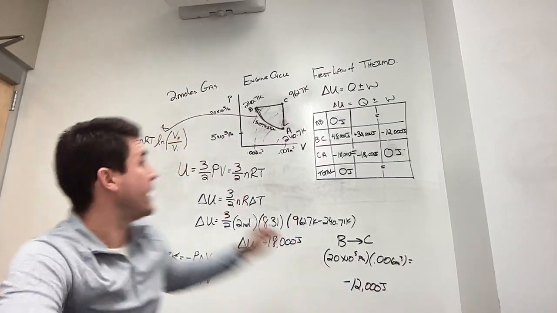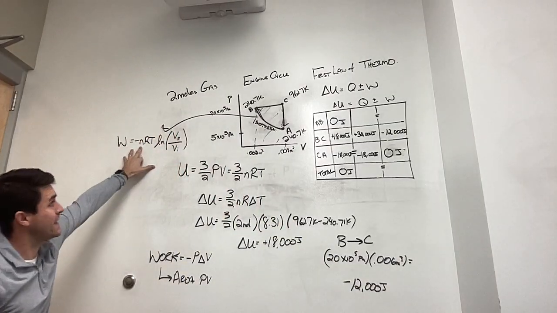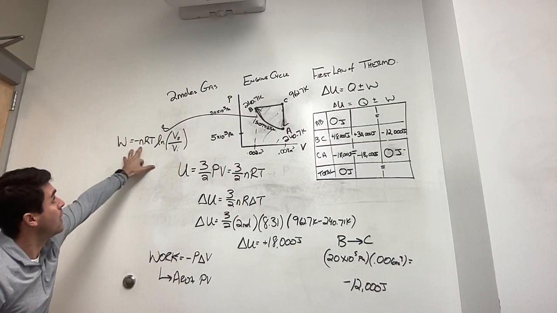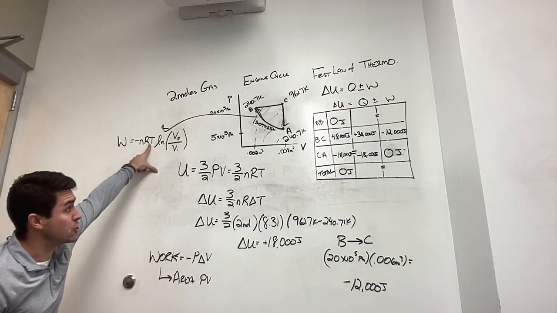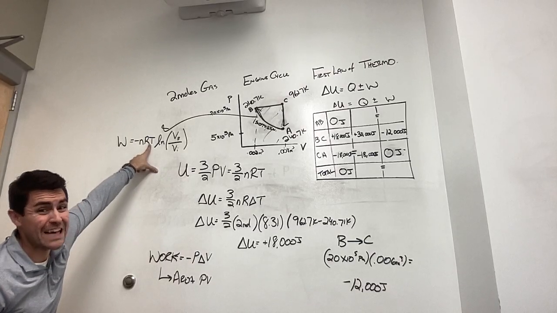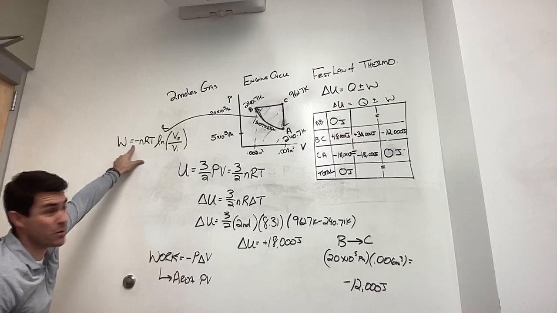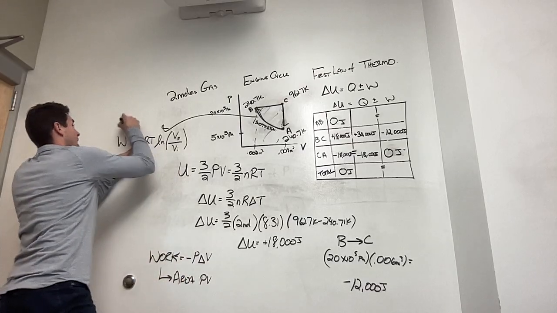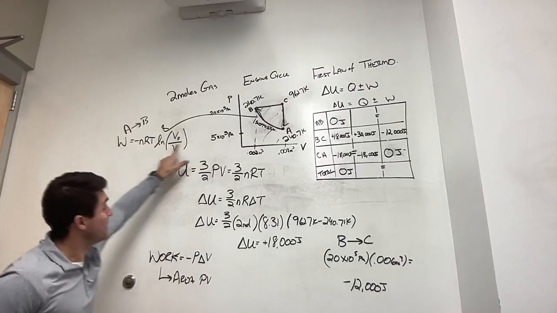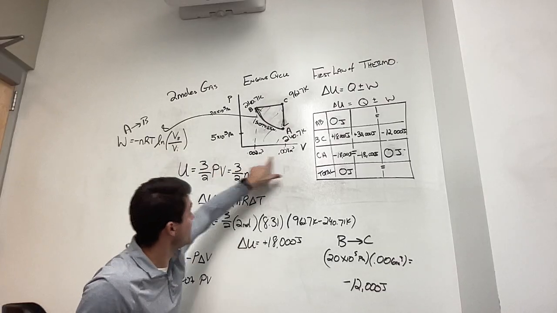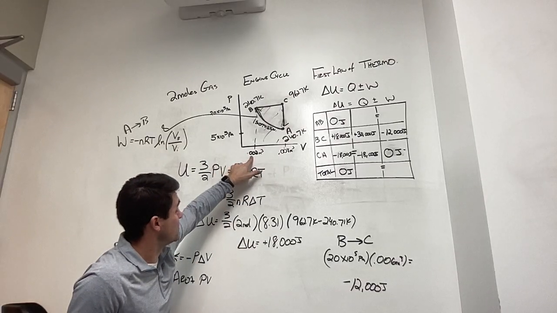So I take 2 moles, and I multiply that by my ideal gas constant and the isothermal temperature of 240.7 Kelvin, right? This is the isothermic process, now from A to B. If I do this and use my volumes, my initial volume was 0.008 and my final volume is 0.002.